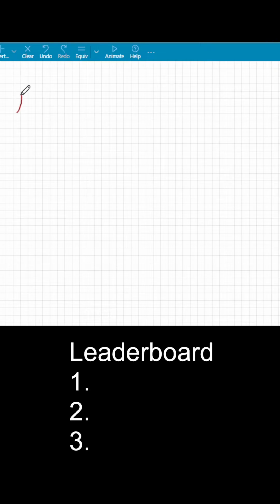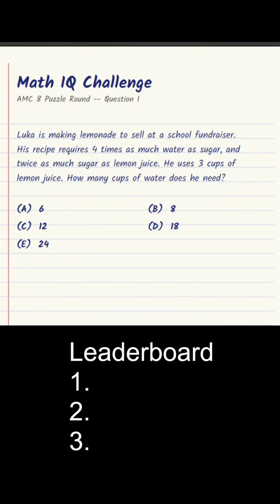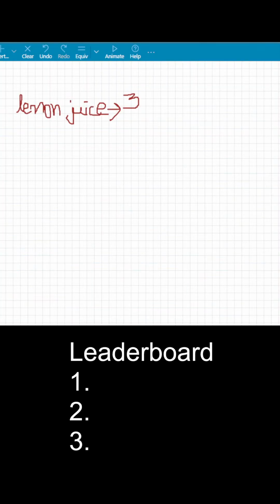It is given that it requires 3 cups of lemon juice. So the amount of sugar required is twice the amount of lemon juice. So sugar should be double of the amount of lemon juice. That should be 2 into 3, that is 6 cups.